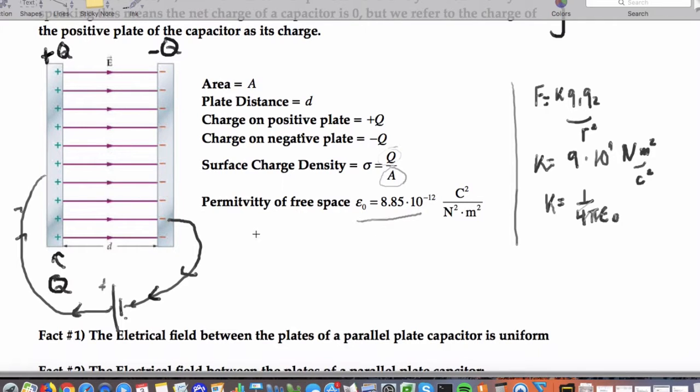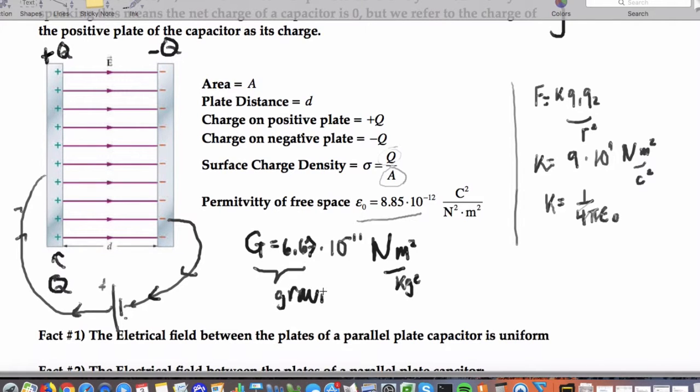The analogy to think of is that we have G, which is 6.67 times 10 to the negative 11th newton meters squared over kilograms squared. This is the fundamental constant for gravity that the universe uses for all its gravity related stuff. This is the fundamental constant for electricity.